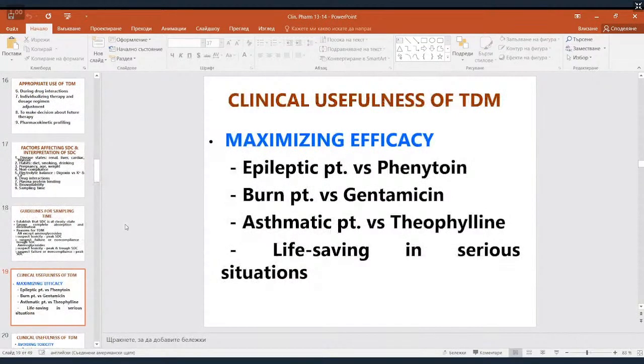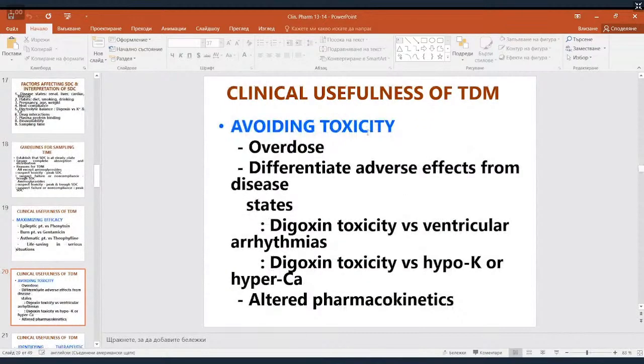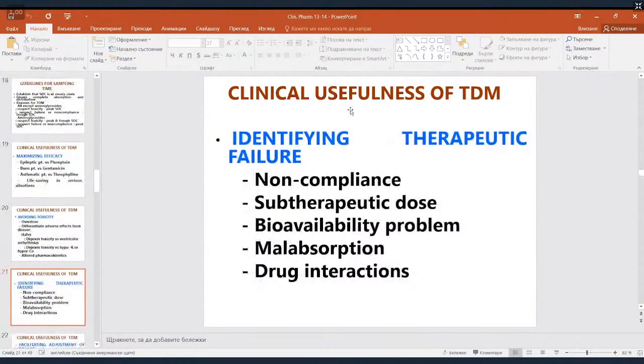So, maximizing efficacy, we talked about this, and avoiding toxicity, these are the two main reasons why we do therapeutic drug monitoring. Identifying therapeutic failure also is another reason why we do TDM, especially when there is non-compliance.